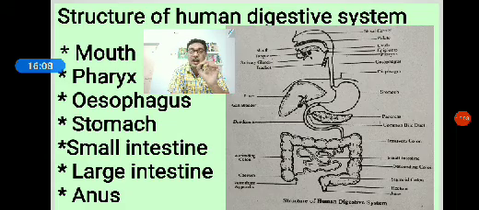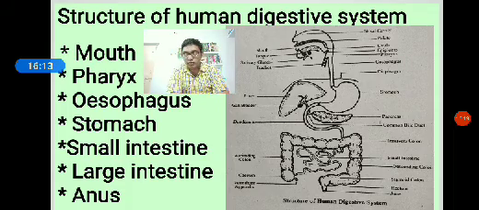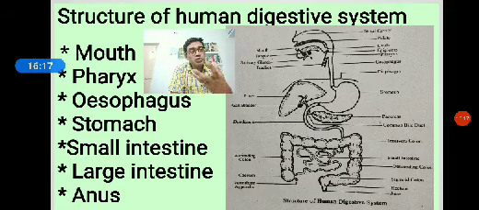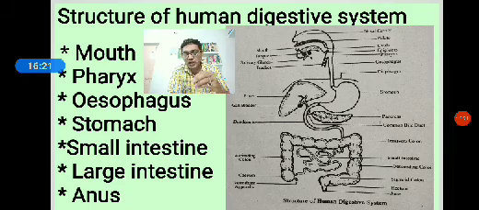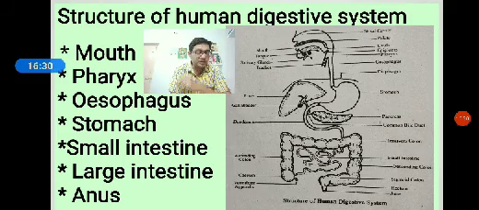It closes the internal nostril during the swallowing of food. So in the mouth, apart from the uvula and palate, we also see a muscular movable organ called the tongue, and another called the teeth.